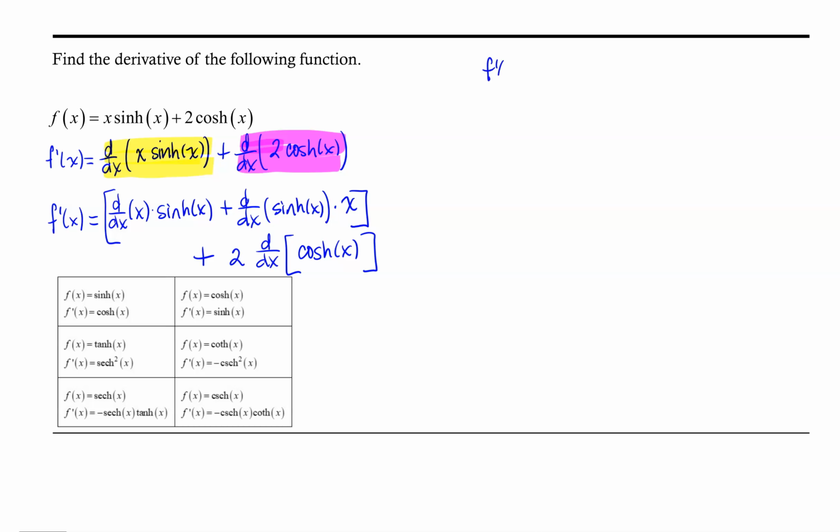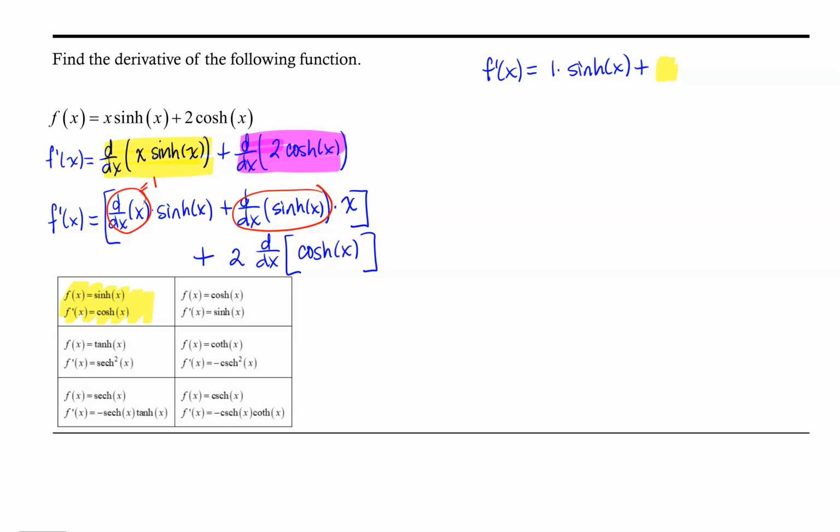So from that point, f prime of x is equal to the derivative of x, which is 1. So we will have 1 times sinh of x plus the derivative of sinh of x, which we can see is equal to cosh of x.